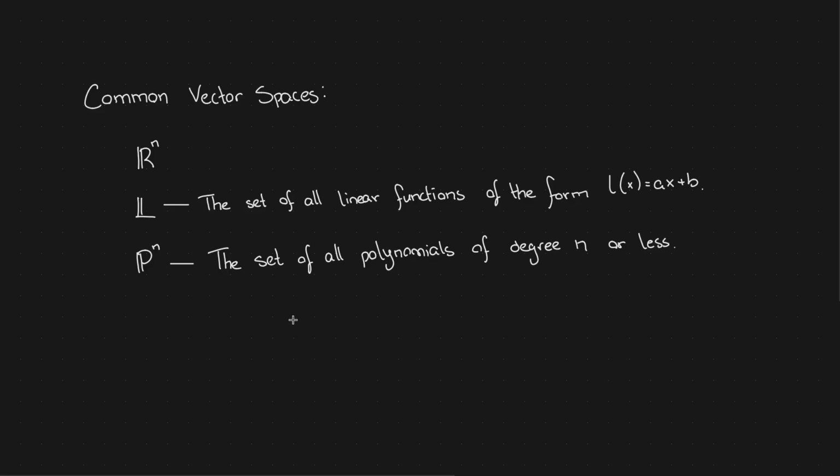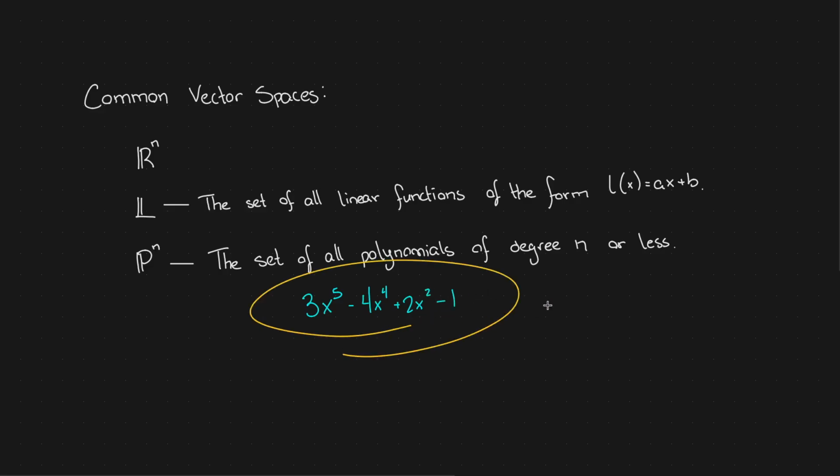Okay, so remember, a degree n polynomial would be something like, let me give you a specific example, like 3x to the 5th minus 4x to the 4th plus 2x squared minus 1. That's a degree 5 polynomial, right? So this would be in, for example, P5, the set of all polynomials of degree 5 or less.